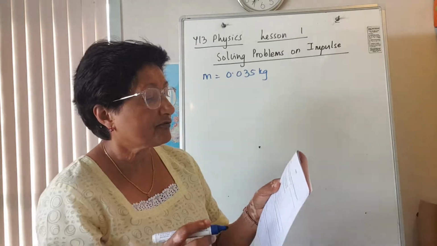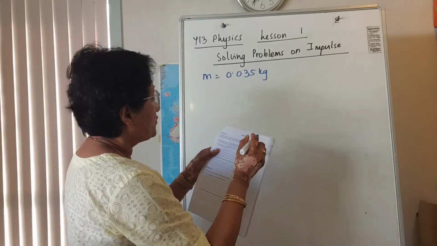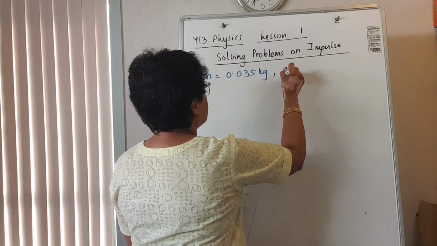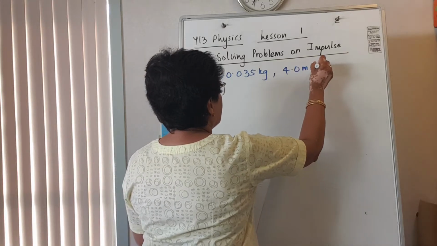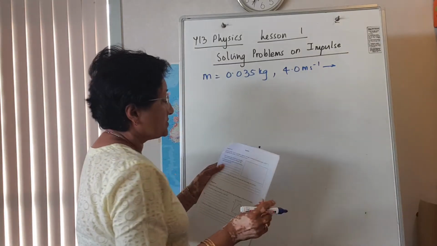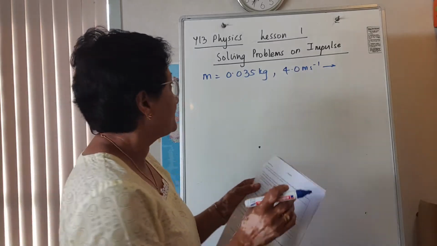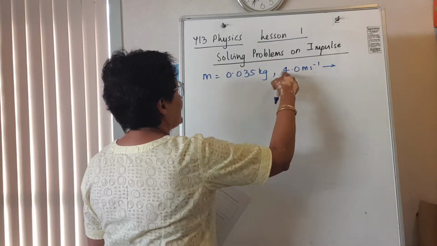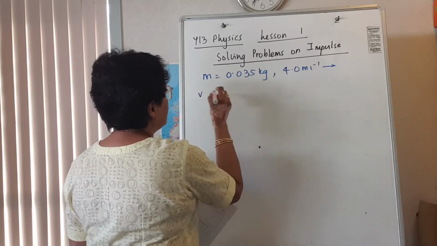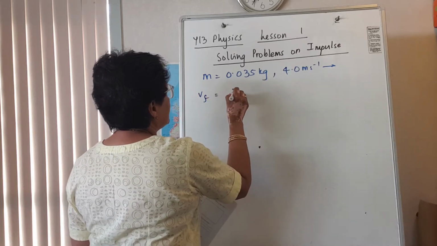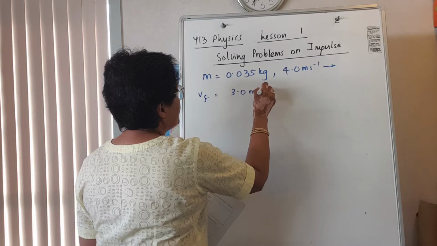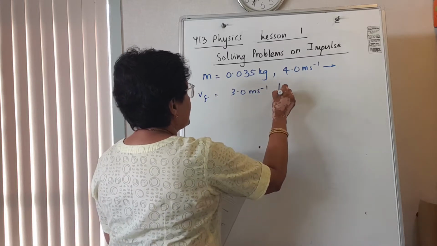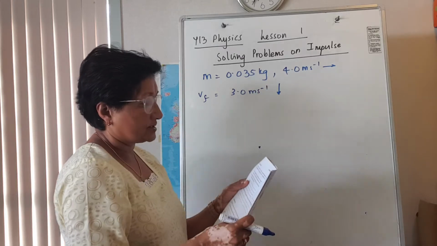The speed before collision is 4.0 meters per second, and it's traveling in this direction to begin with. And after deflection, so this is my V1, initial velocity, and my final velocity is 3.0 meters per second, and it's changed its direction.